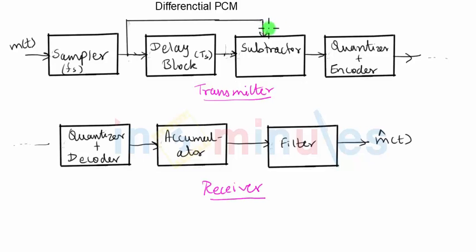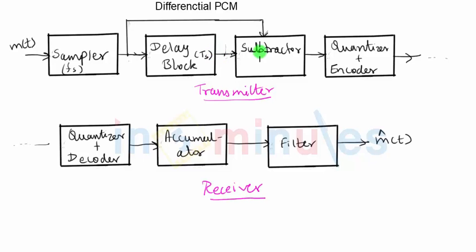So we simply discard the first sample, and now after Ts seconds, the second sample will arise at the output of the sampler. This second sample is given at the first input of the subtractor. And as you can see, after Ts seconds, the first sample which was given at the input of the delay block will also be available at the output of the delay block.